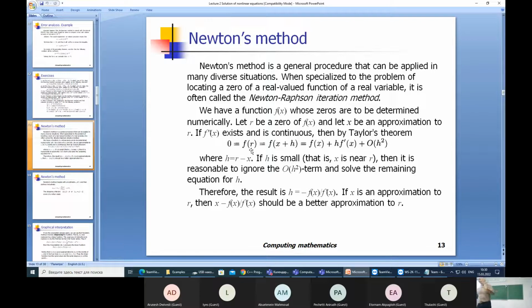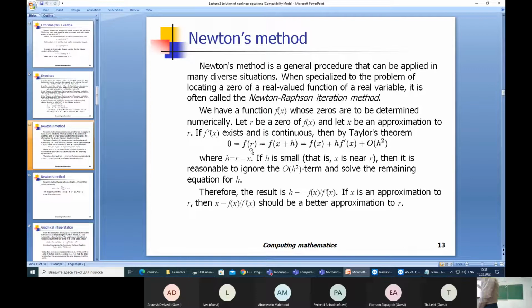Not I, but in mathematics. When somebody tells that some value is small, it means significantly smaller than 1. So we suppose that h is not just smaller, but significantly smaller than 1. This sign, double less-than, means significantly smaller than 1.